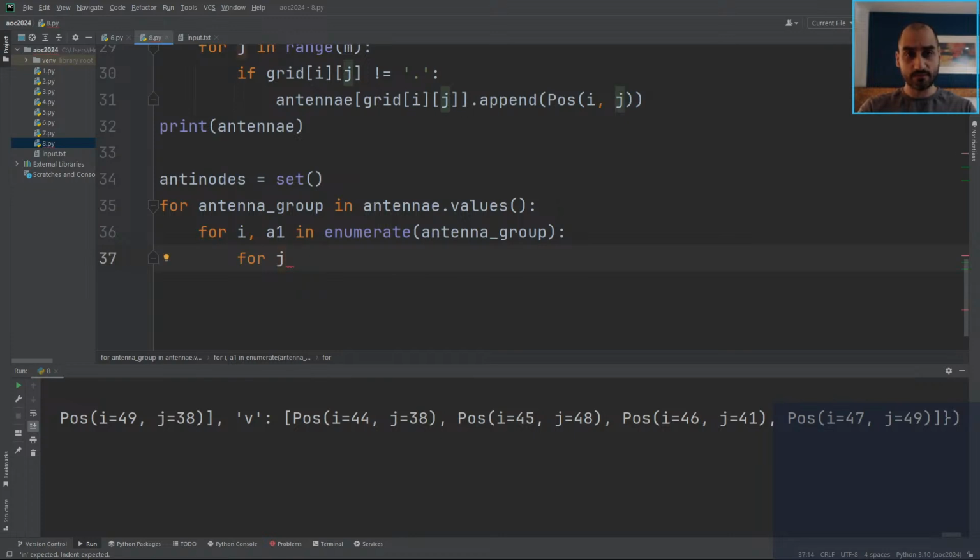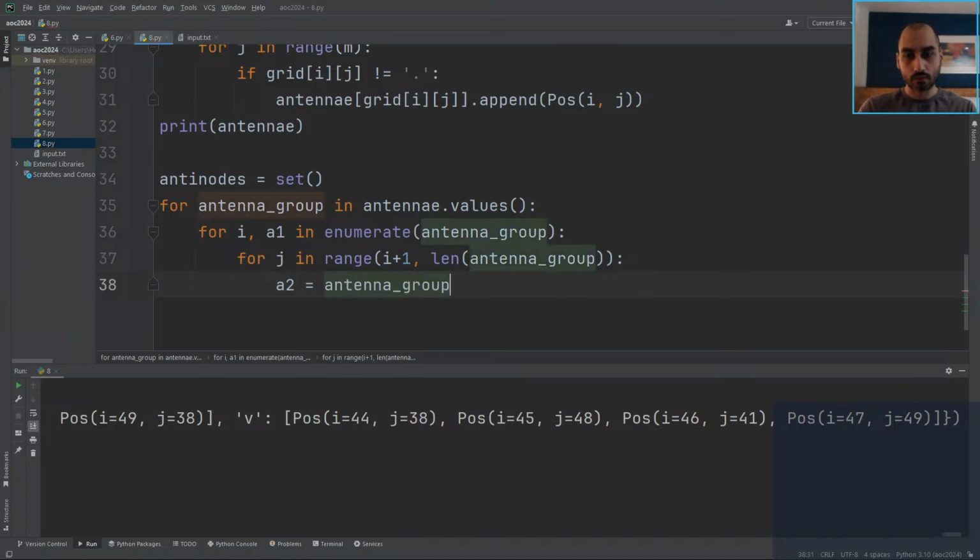Just say for J in range I plus 1, length of antenna group, A2 equals antenna group J. I'm sure there's a way of using enumerate, but I forget the parameters you supply to it, and I don't want to risk getting the index wrong. So that ranges over all unique pairs.